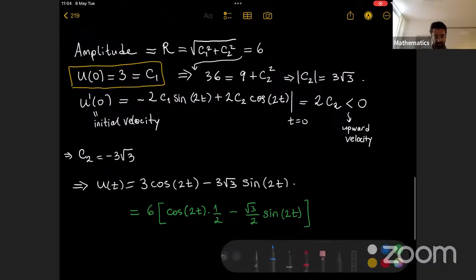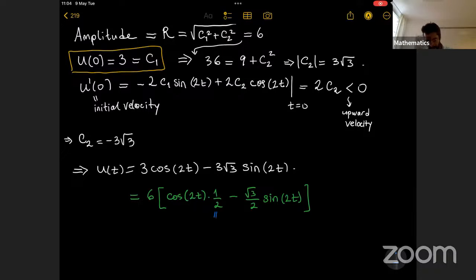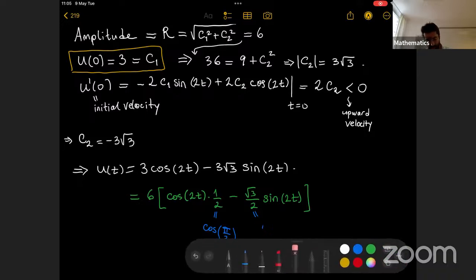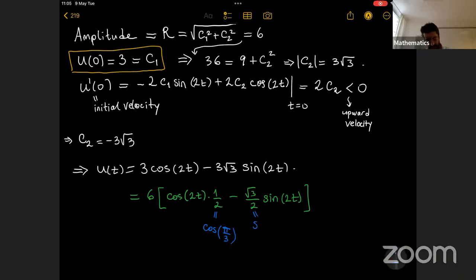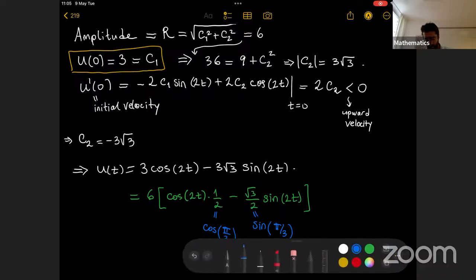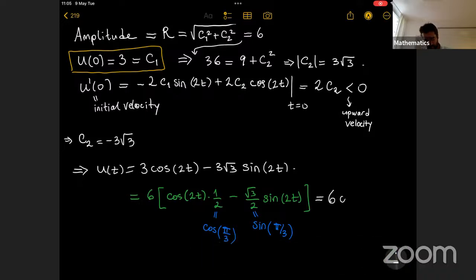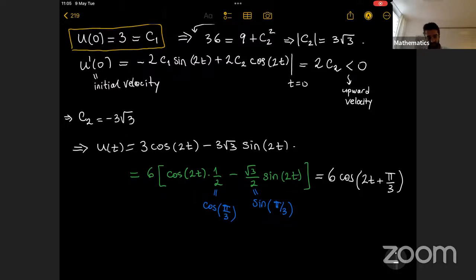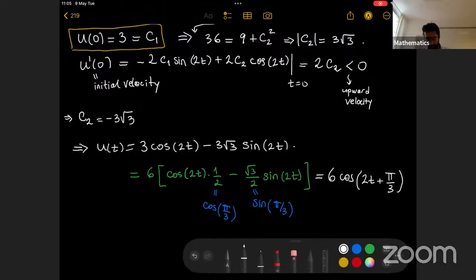So you can write, for instance, this here is cosine pi over 3, and this is sine pi over 3, which tells you that it's nothing but 6 times, so this is the cosine sum formula, cosine of 2t plus pi over 3. From this, you can see that the amplitude is 6, okay, it's clear, right? So this is the amplitude.